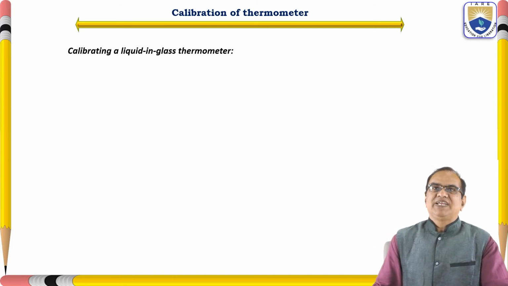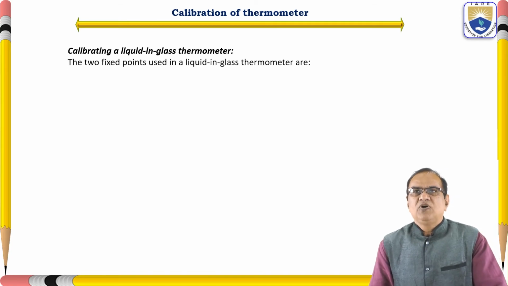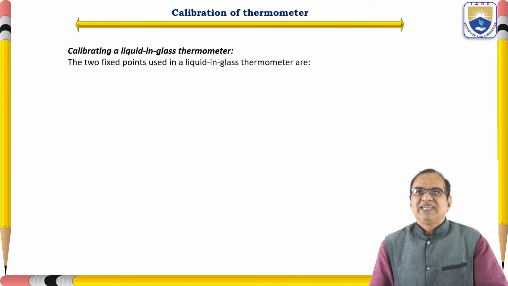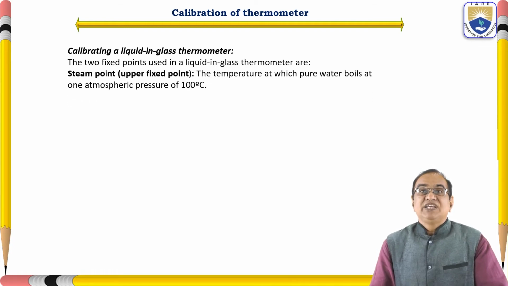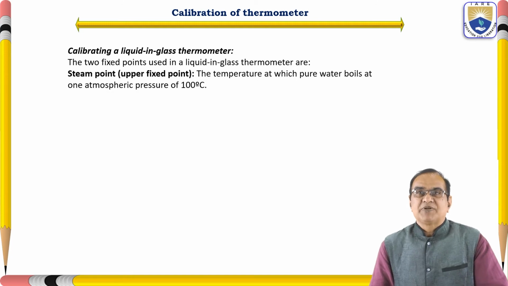Calibrating a liquid-in-glass thermometer, a simple thermometer: how to calibrate? The two fixed points used in liquid-in-glass thermometers are the steam point, that is the upper fixed point, the temperature at which pure water boils at 1 atmosphere pressure, 100 degrees centigrade.